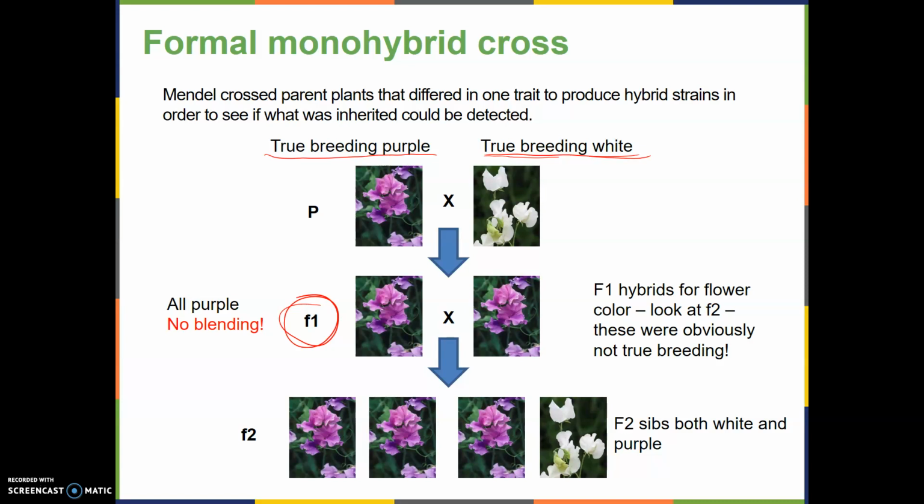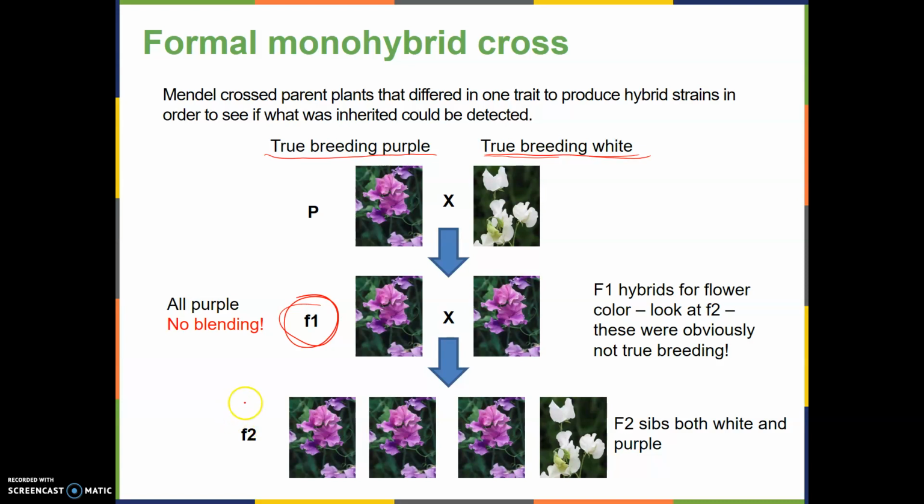But the interesting thing, and where Gregor Mendel really began to be able to mathematically prove the inheritance of traits, this next cross was the key.